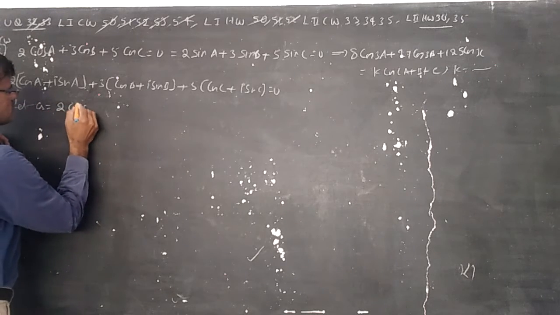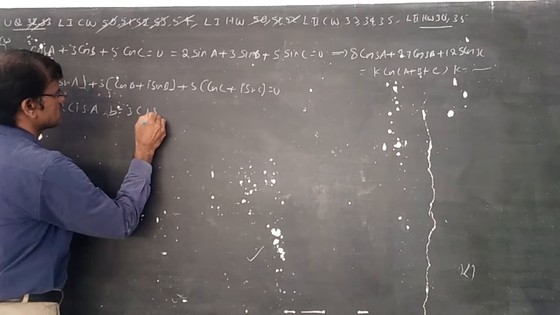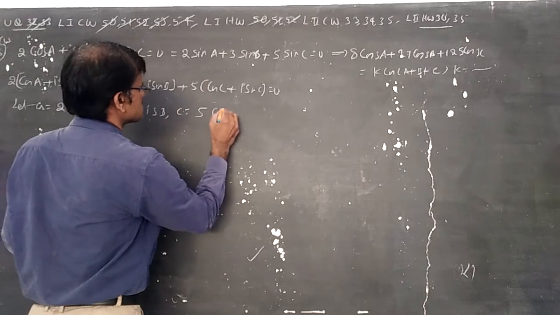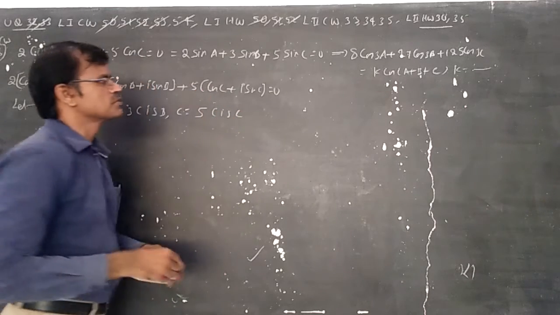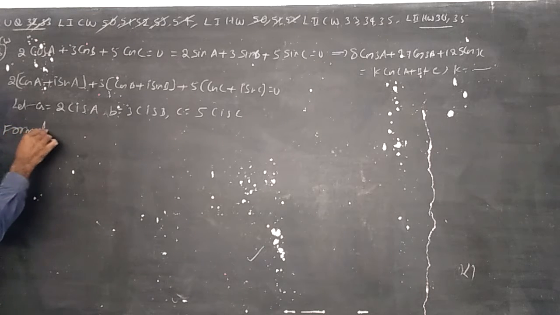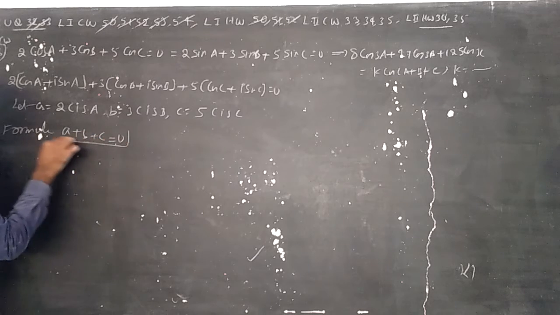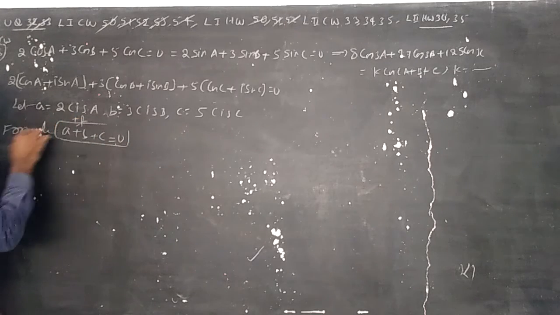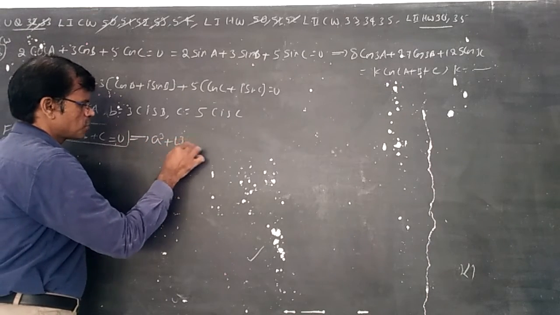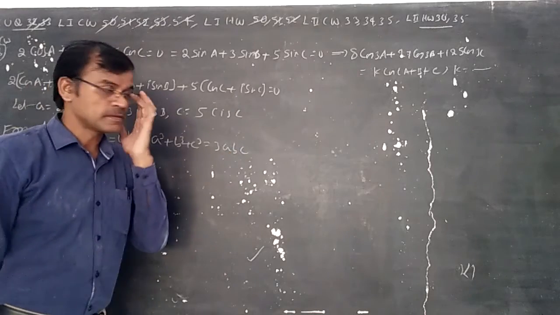So let a is equal to 2 cis A, b is equal to 3 cis B, c is equal to 5 cis C. Use the formula: a cube plus b cube plus c cube is equal to 3abc whenever a plus b plus c is 0. That implies a cube plus b cube plus c cube is equal to 3abc.